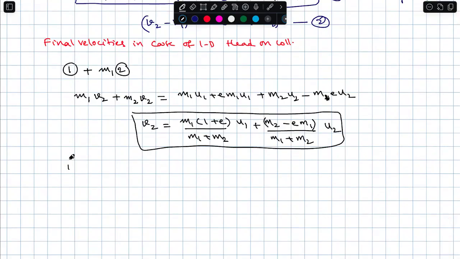Similarly, you will have to take this part, 1 minus e otherwise, and you will get the expression for v1.